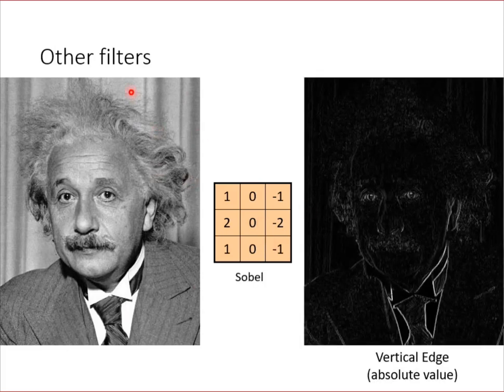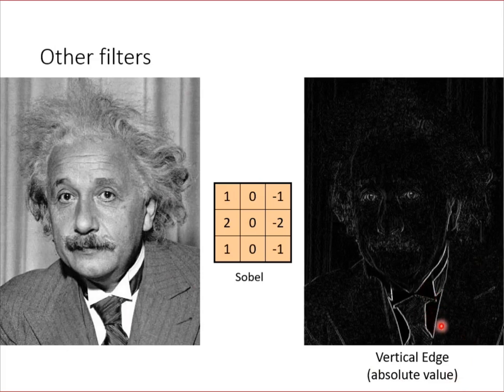So for smooth regions, you will get 0. And for edges, in particular the vertical edges, we will get either large positive values or large negative values. So here is the absolute value.